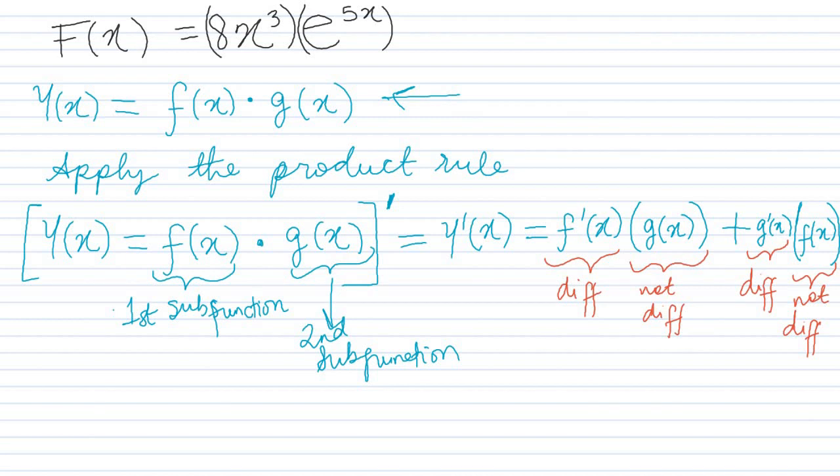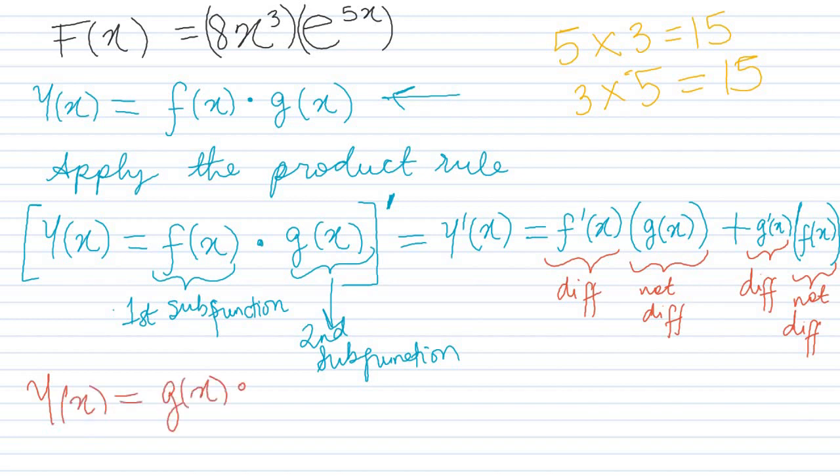because obviously since it's multiplication, that's where you get the word product from. When something is multiplied, it's like saying, how do you 5 multiplied by 3, what does that give you? That's 15. 3 multiplied by 5, what does that give you? That's also 15. So what I'm saying is that you can also have this written as y of x equals g of x multiplied by f of x, right?